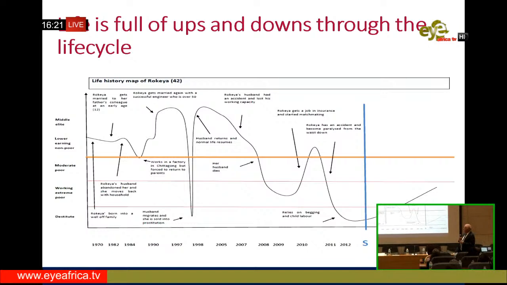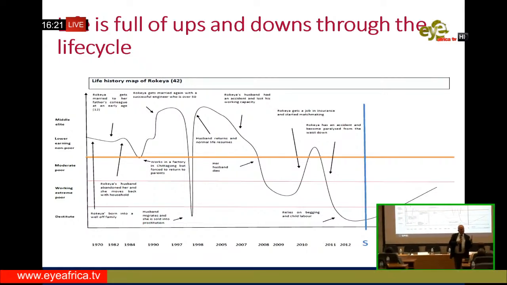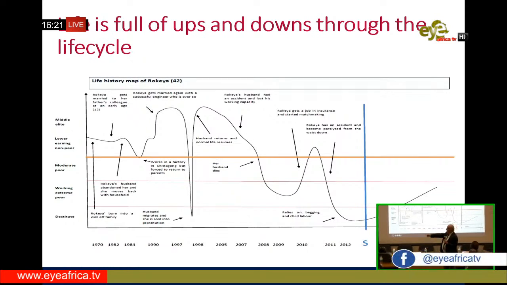And this is the life cycle. It's very beautiful. It's made by a researcher in Bangladesh. It's a story of one person, a lady of 42 years old. And it gives her income over the life cycle, over the last 10 years of her life.